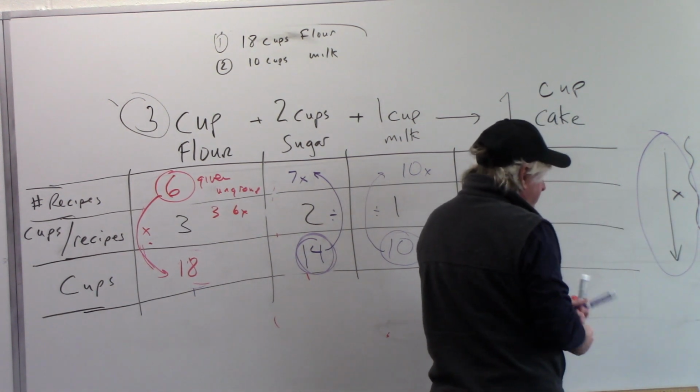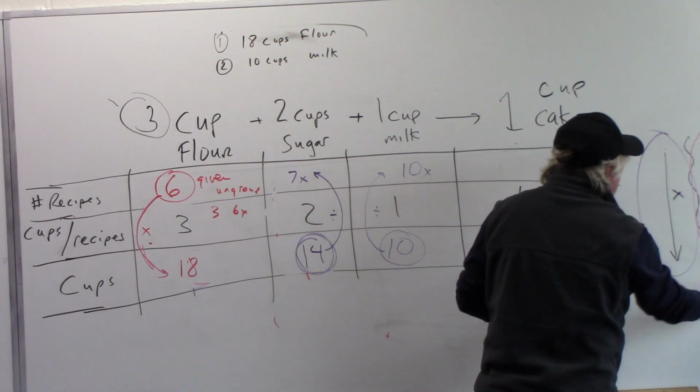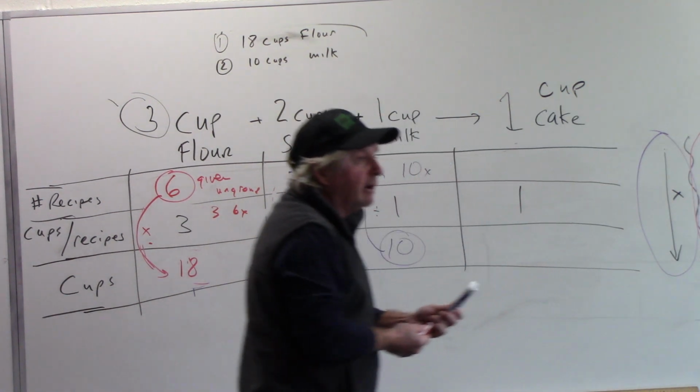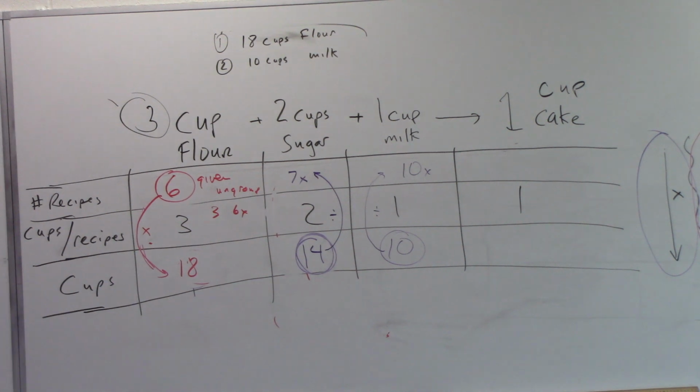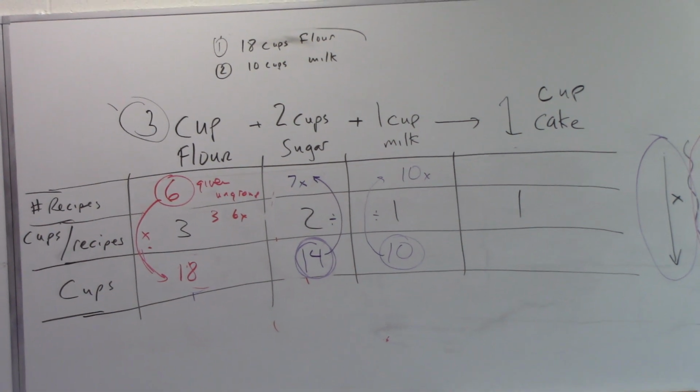And when you go up the table, you divide and the numbers get smaller. Again, what's always going to be the same when we write this table are these numbers here, which would be the same as the coefficients. In the next video, I am going to combine the two and see how you can go from recipes to cups, and cups to recipes.